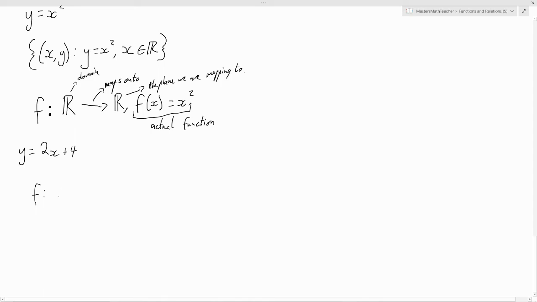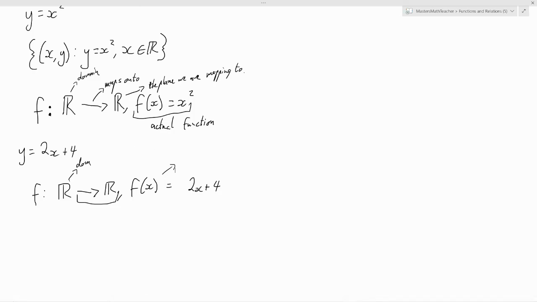Now we've had no restrictions here, so it's just going to be reals. So f such that reals map to reals again. And then we just write f of x equals 2x plus 4. Okay, so it's just about domain, always writing arrow reals, and the function or the graph, but saying f of x equals rather than y equals like the graph said.